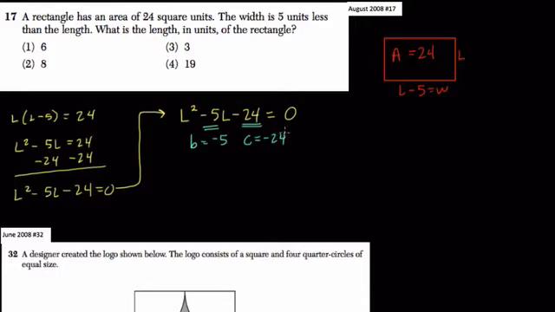I know 8 goes into 24, and I know that if I have negative 8 times positive 3, that gets negative 24. And those are my factors here. You can just list these out until you find them. I also notice that negative 8 plus 3 is negative 5. So these are the two factors we want to use. They multiply to negative 24, and they add to negative 5.